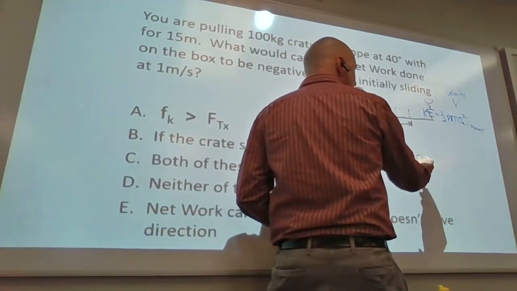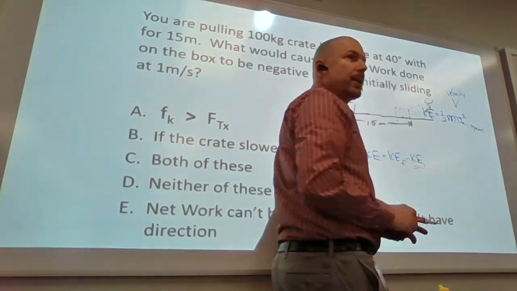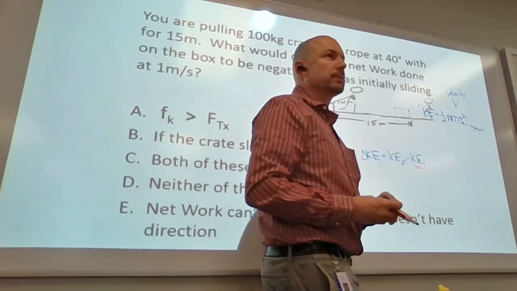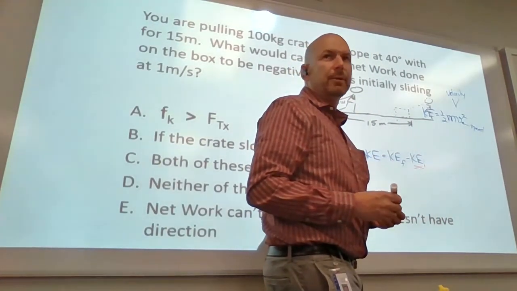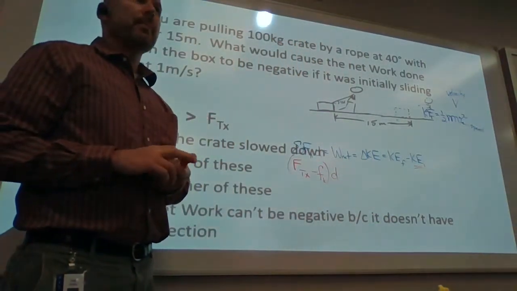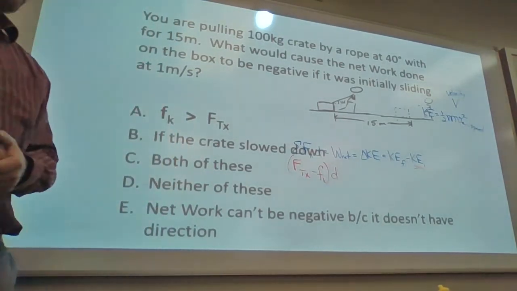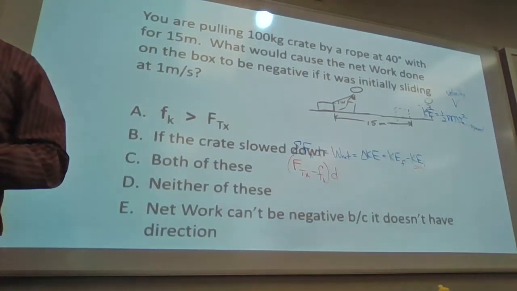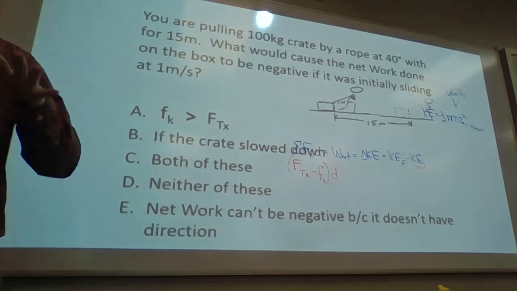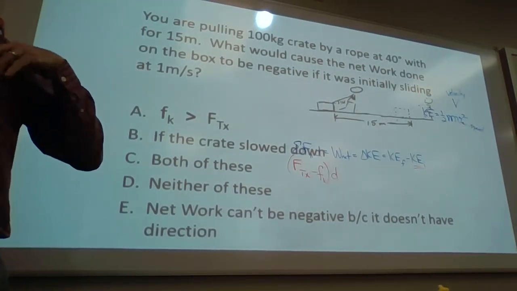And from this approach, initial kinetic energy needs to be greater than final kinetic energy to make this side negative. What would cause that to happen is if it was slowing down. Good with that? Okay. So work energy ties some things together pretty quickly.